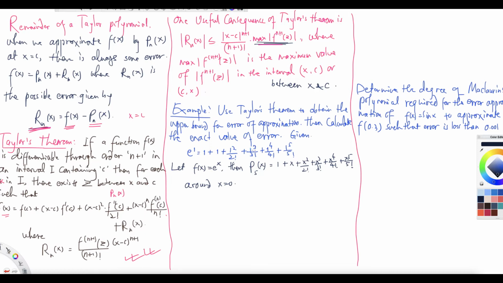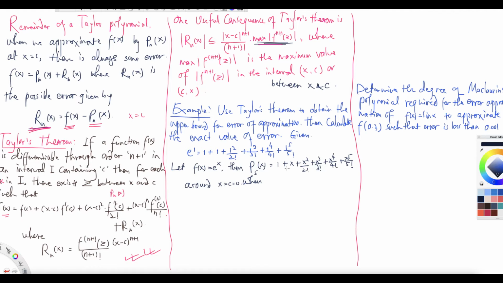This is what the question has given. Here x equals c equals 0, so this is around 0. This is the Taylor polynomial of degree 5.